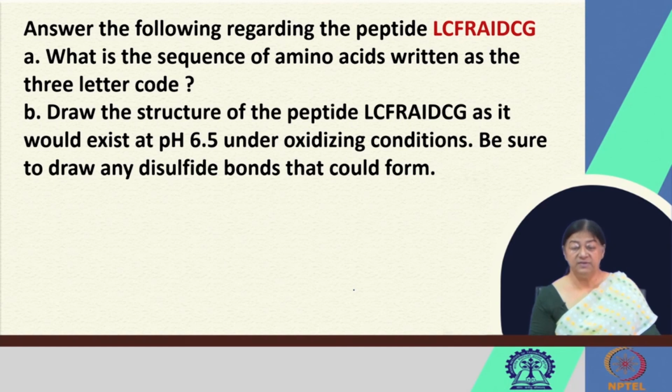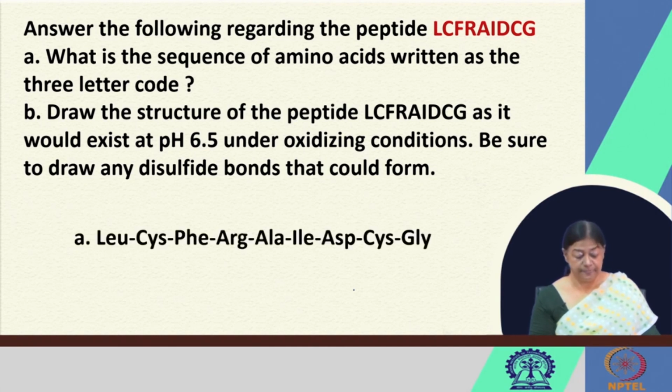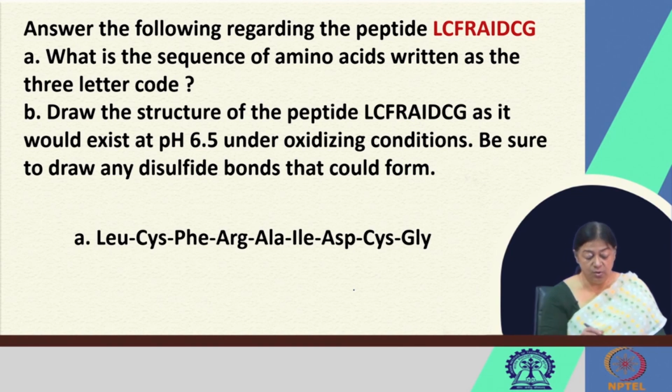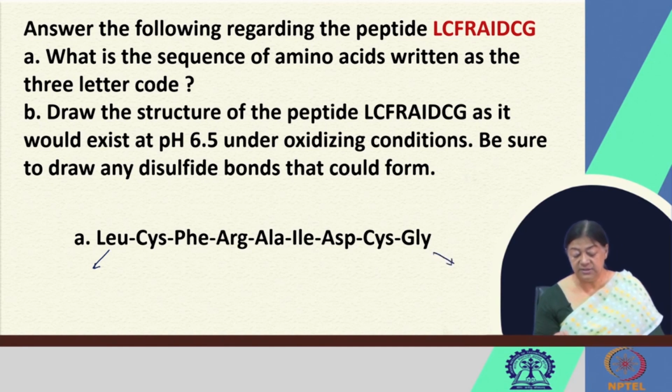We know that the disulfide bonds are formed between two cysteine residues. So, we have this in 3-letter code leucine. We know that this is the amino terminus, this is the C terminus.